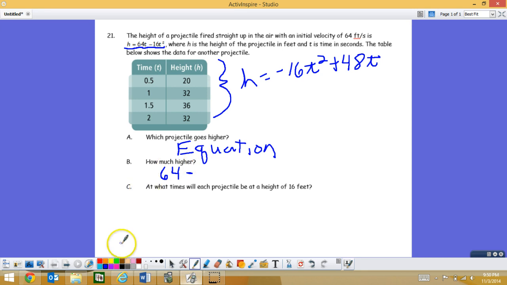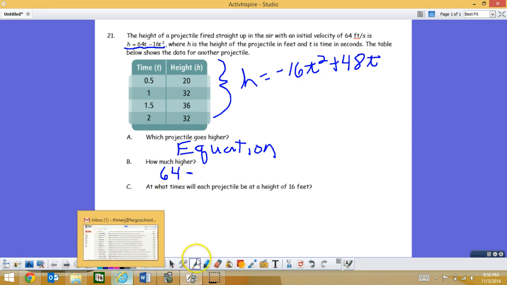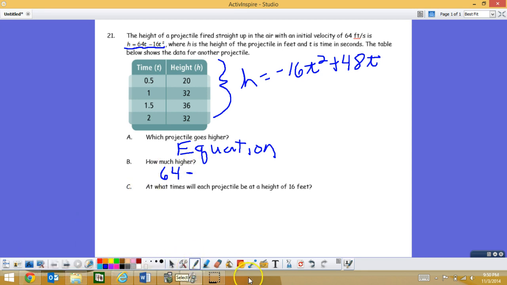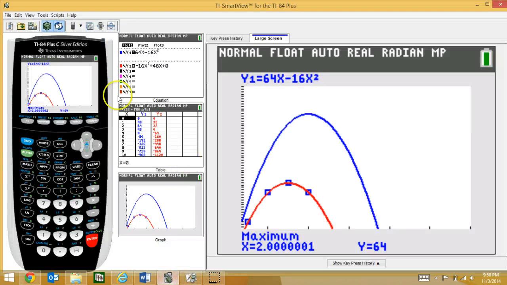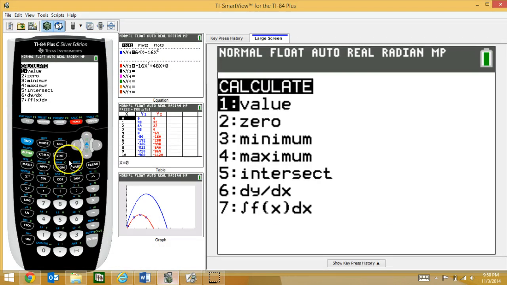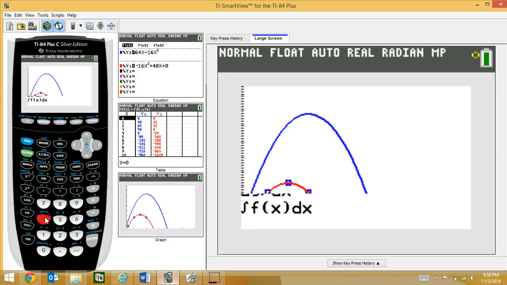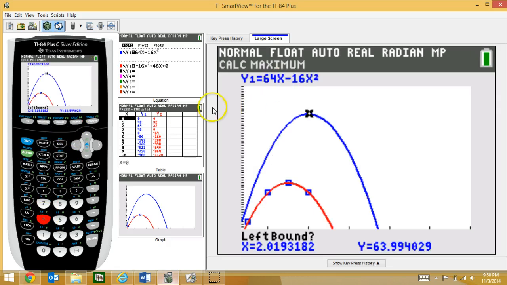And then for the table, what I am going to do is go back here, and I'm going to calculate another maximum. Except I don't want to do it to y sub 1. I'm going to down arrow here until I get to y sub 2, and that's the one I want to find the maximum of.